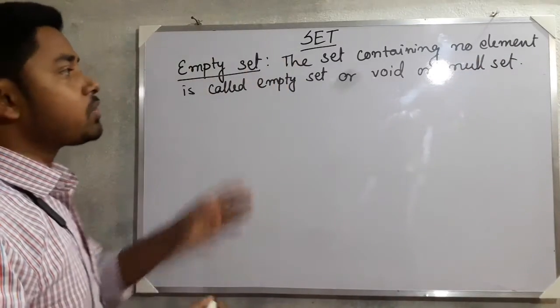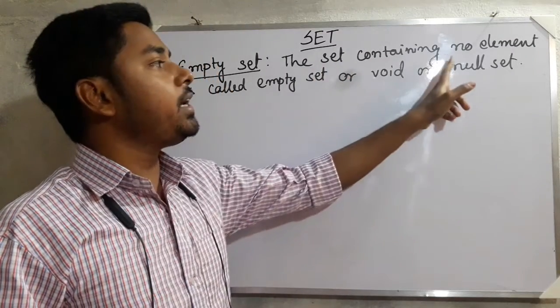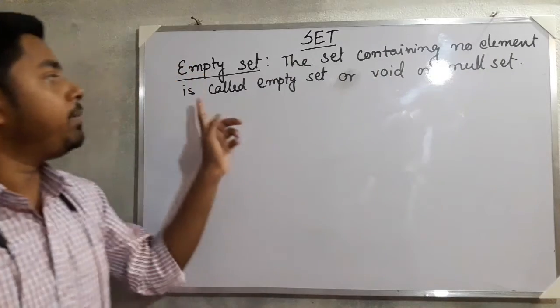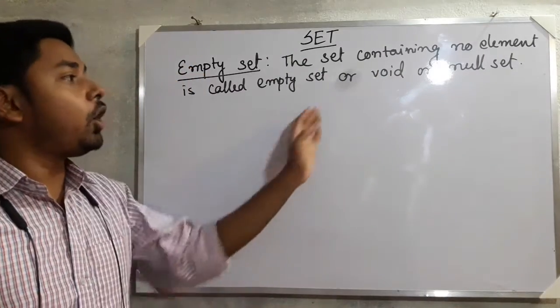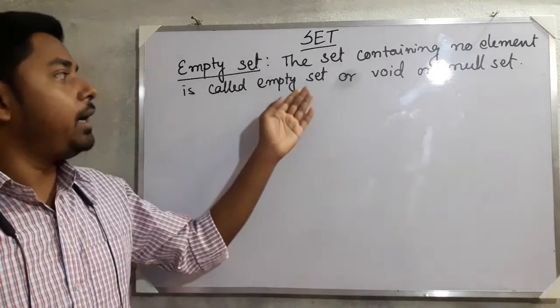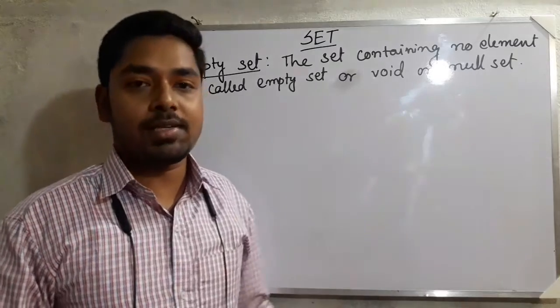Empty means nothing. So the set containing no element is called the empty set or void set or null set. The empty set has three names: empty set, void set, or null set.